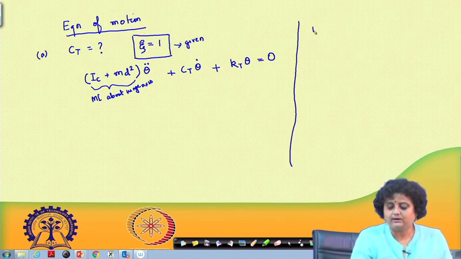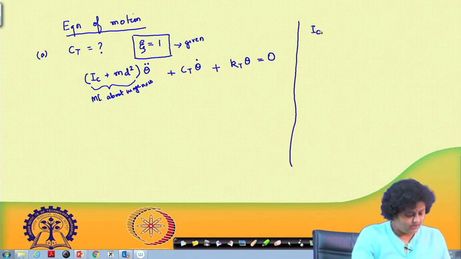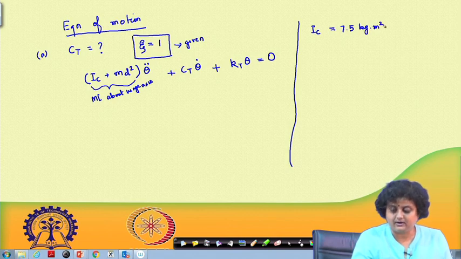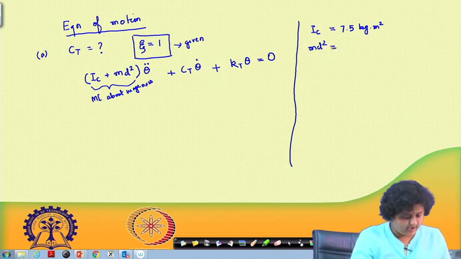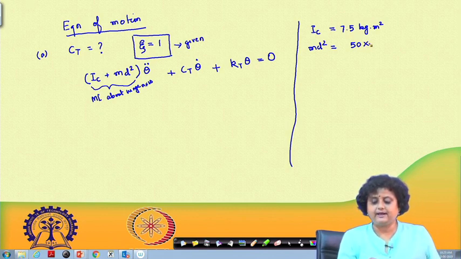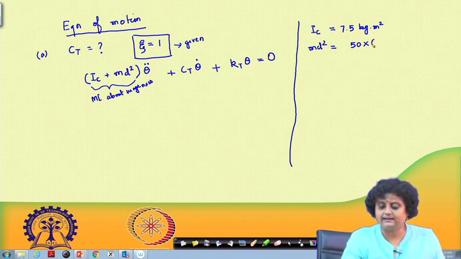So, what is IC? IC is given as 7.5 kg meter square. What is MD square? M is given as 50 kg and D is the distance of the centroidal axis from the hinge. So, the width of the beam is 1.0 by 2 into square.